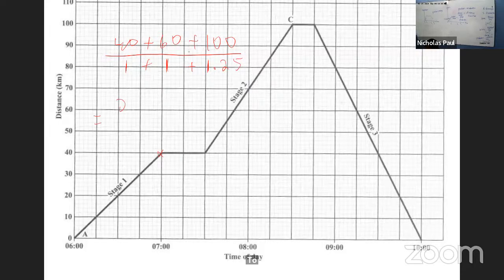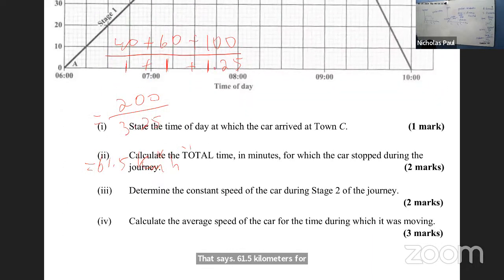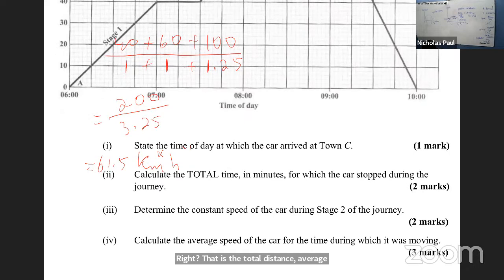Add that up: 200 over 3.25. So the answer is 61.5 kilometers per hour. That is the average speed during which it was moving, using total distance over total time.